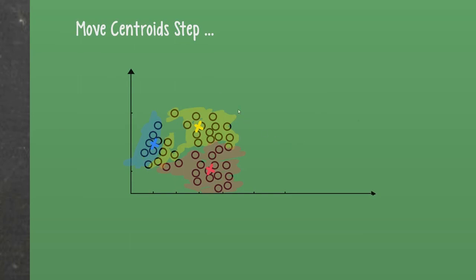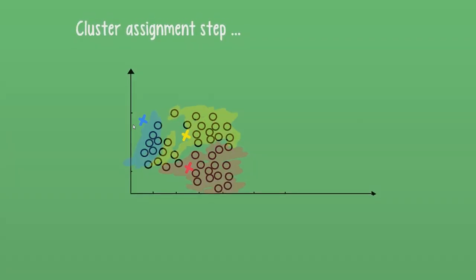Then we move the centroids to the mean of all the data points in each cluster. What do we mean by that? We have these data points. We already assigned them to this centroid. This centroid was here, right? Let's go back. Okay, you see, the centroids are here, here, here.